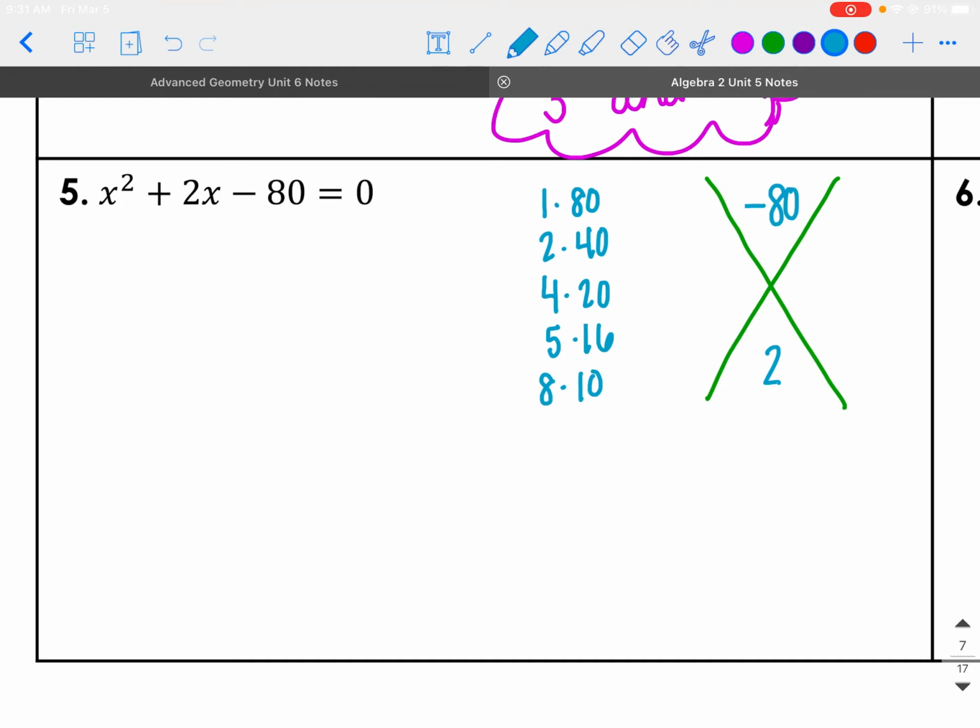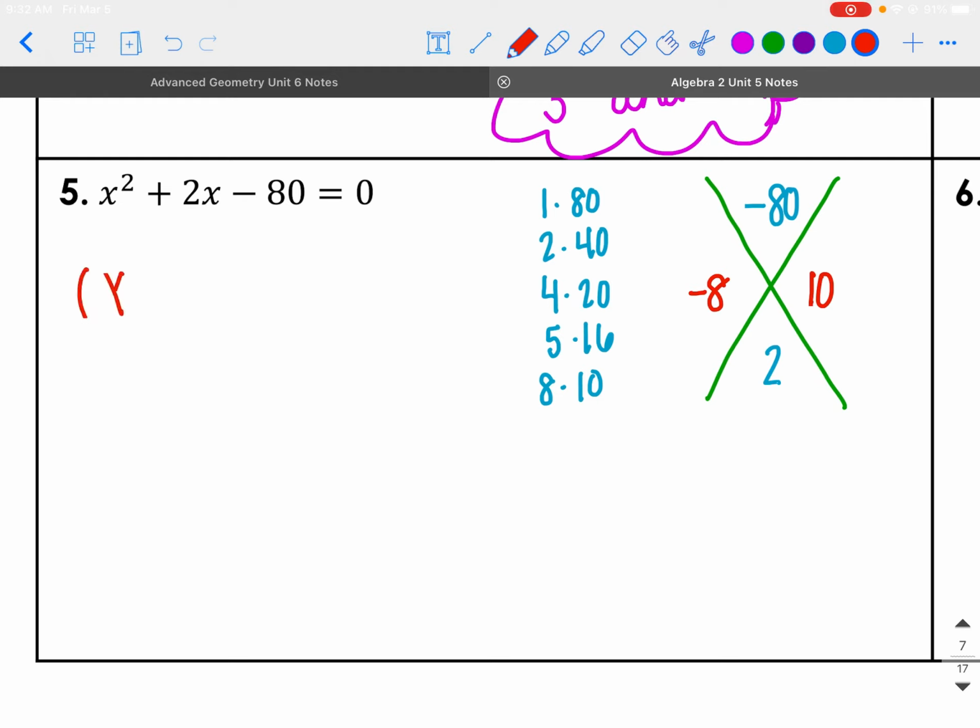I think that's all. So 2 numbers to multiply to be negative 80, one of those has to be negative. And those 2 numbers are negative 8 and 10.